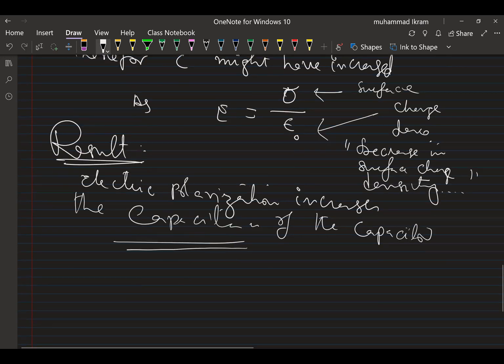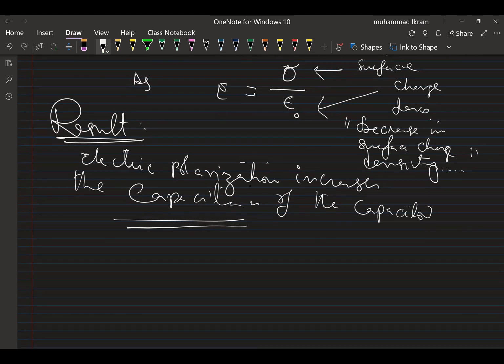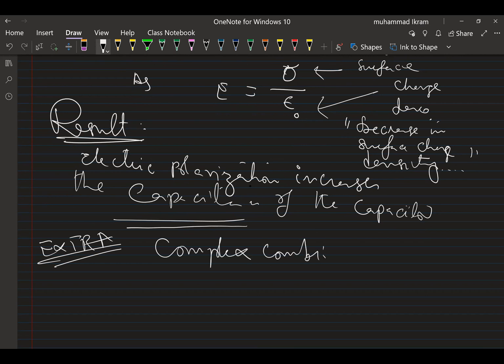Now, remember, as I told you, I will tell you about the complex combination. In the complex combination of capacitors, you have both series and parallel together.